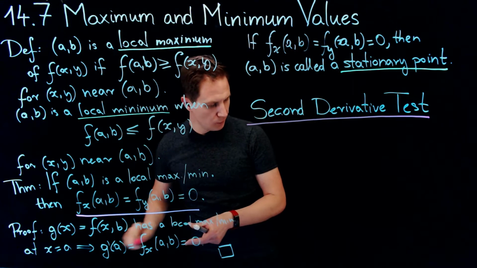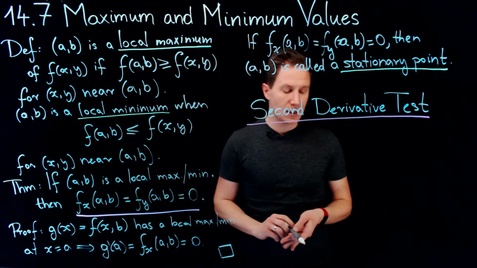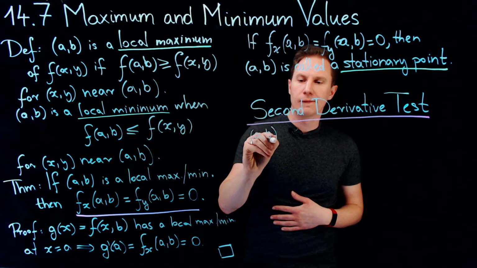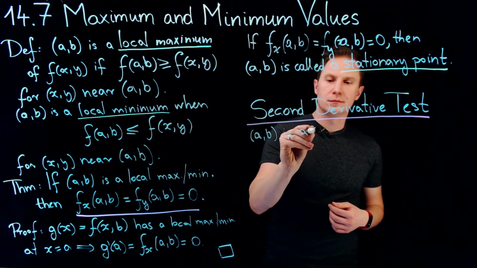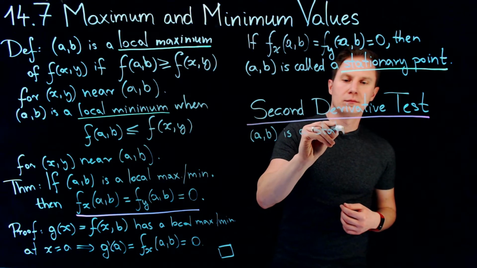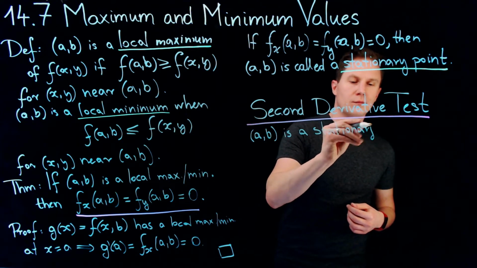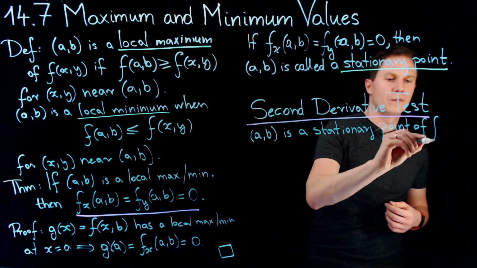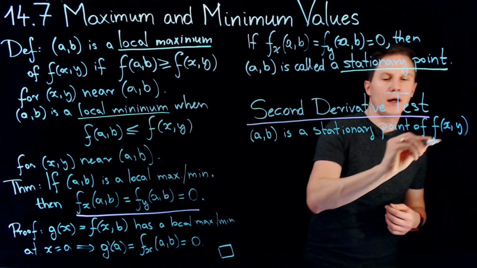So let's assume that (a, b) is a stationary point of f, the function f of x, y.